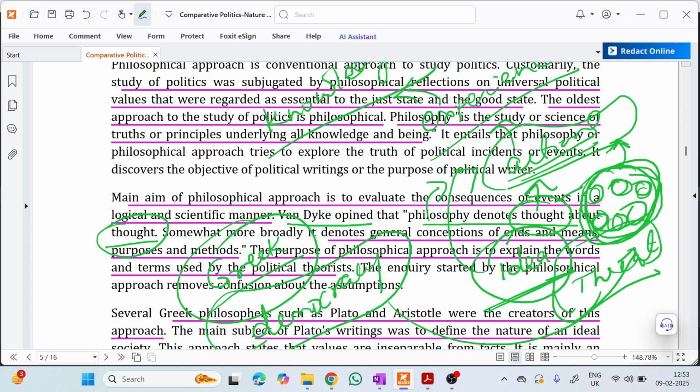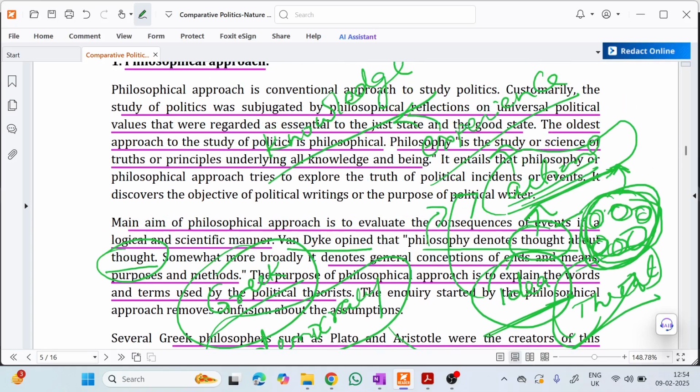So thought led to action, and then action led to some experience, because if you act, according to the third law of motion, there will be some reaction or some outcome.